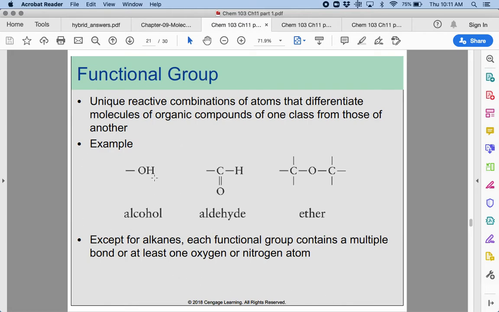We could have alcohols, we're going to learn about aldehydes, we're going to learn about ethers. For this chapter and chapter 12, we're going to focus solely on hydrocarbons, which, as the word should give you the hint, are carbon-hydrogen containing compounds. The first one we're going to talk about are alkanes, A-N-E-S.